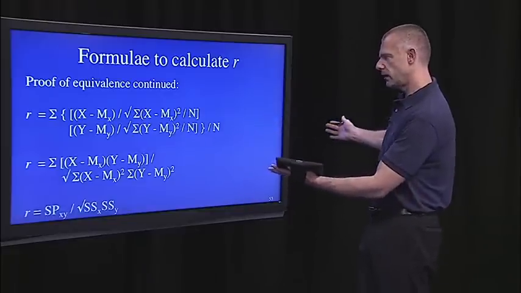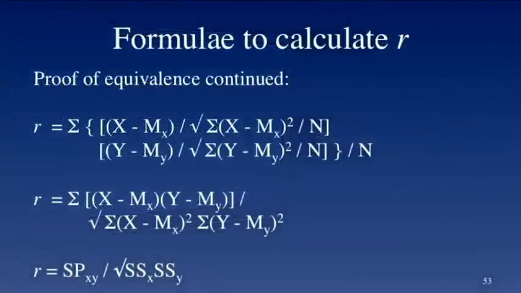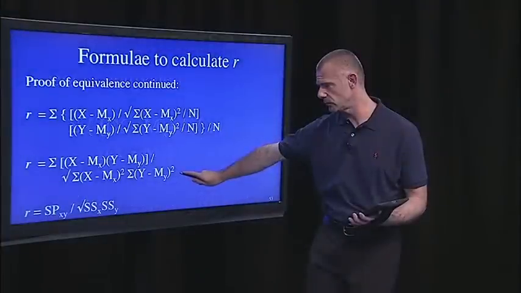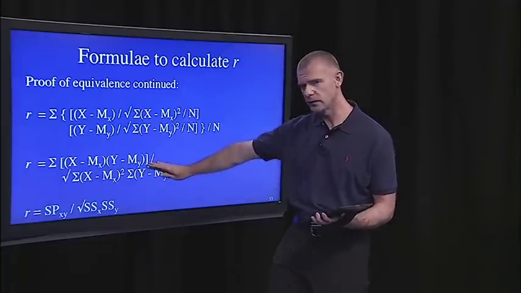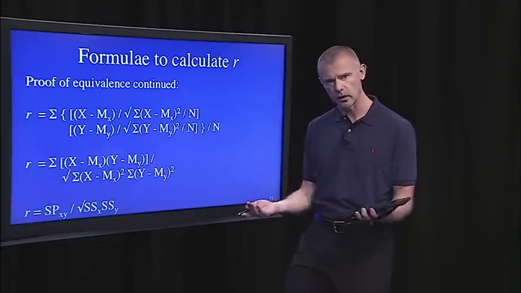Now what I'm doing is writing the entire formula for r. Going from this top equation to the second equation is just now going in the reverse direction, simplifying this algebraically. It is equivalent to the second equation, which is exactly the raw-score formula. See, look what's in the numerator, sum of cross products.